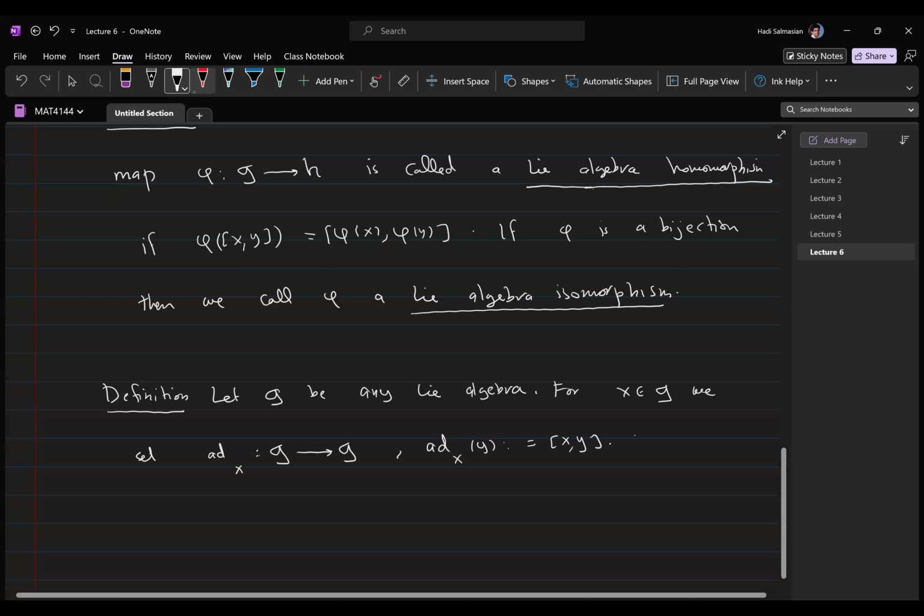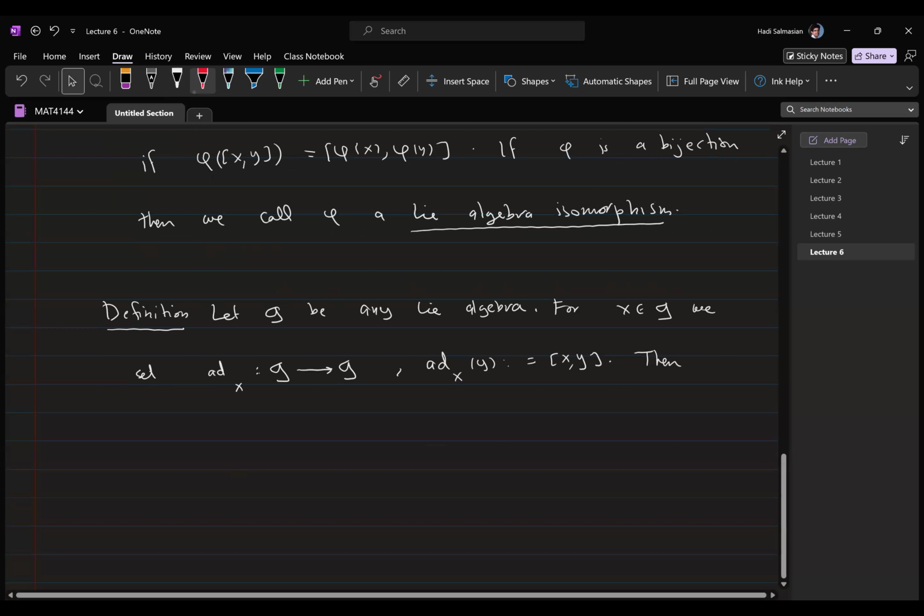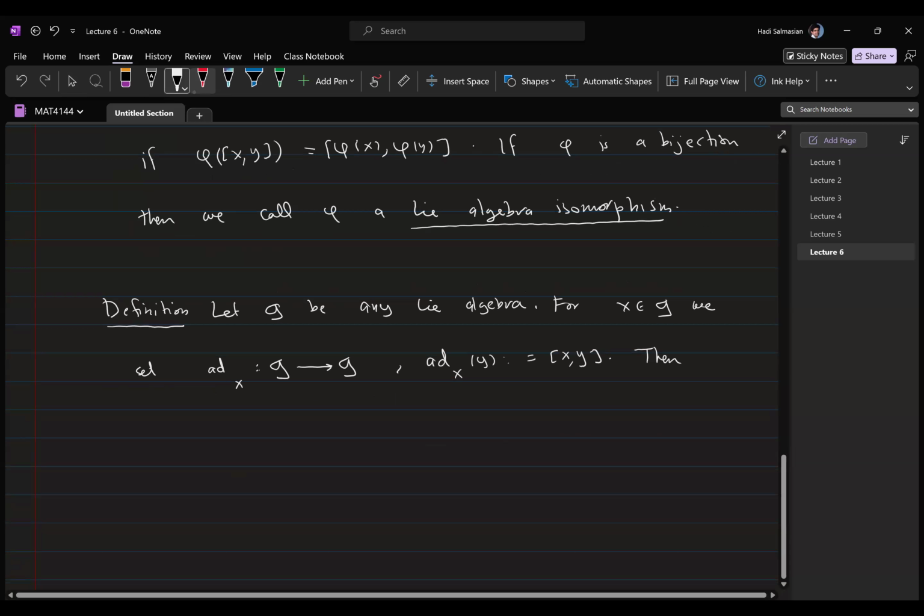Okay, so now, of course, ad x is an endomorphism of g, so we obtain a map that goes from g into this vector space, or rather associative algebra, End(g). They're like the linear maps on g. You can think about it as matrices with size dimension g. Okay, and now this map is a Lie algebra homomorphism.